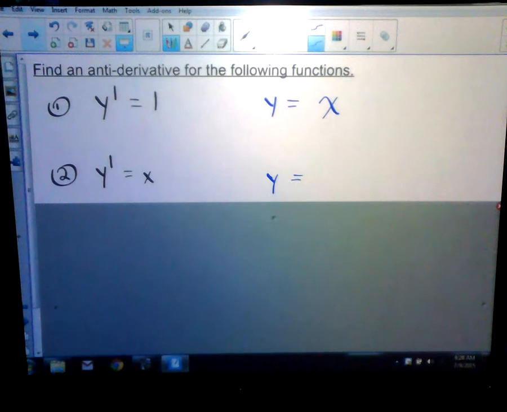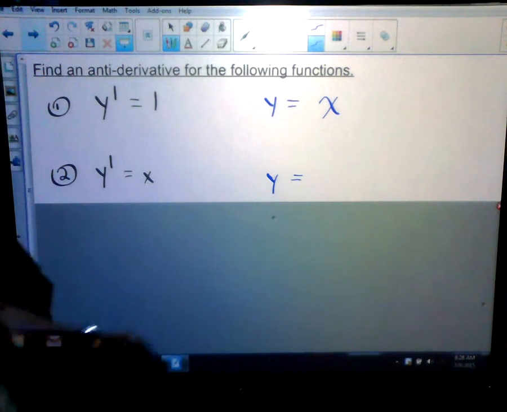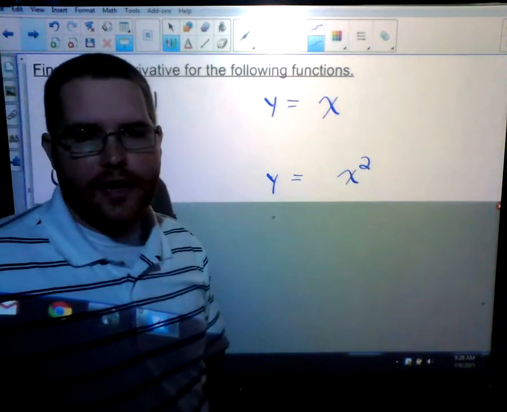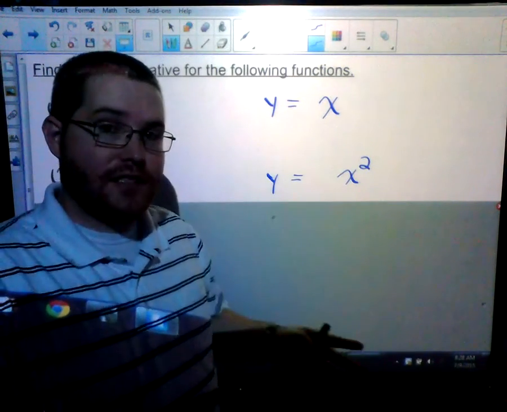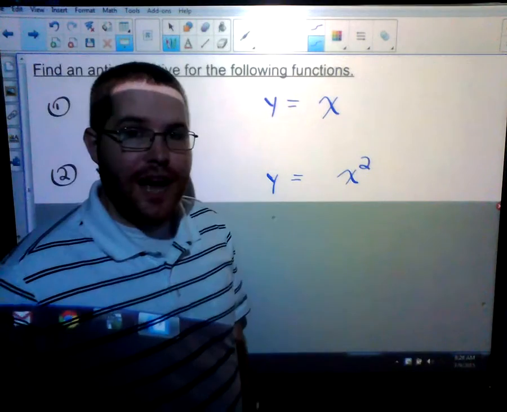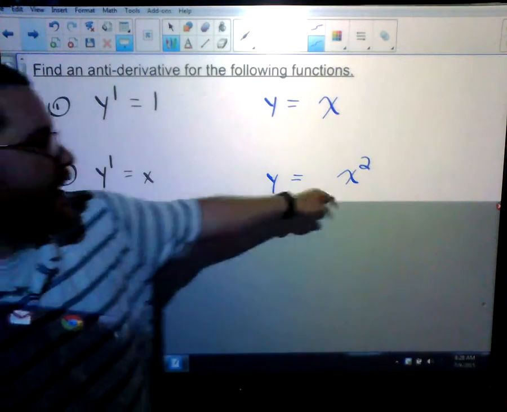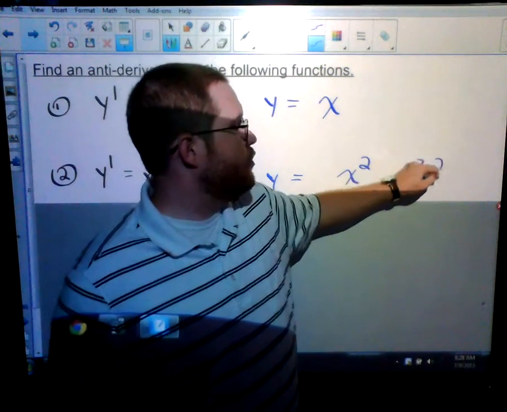Ooh, how about x? Well, I know it's going to have to be x squared because the rule says subtract 1 from that. So to have an x to the first power as a derivative, I need an x squared to begin with. But if I took the derivative of this guy, this would be 2x.